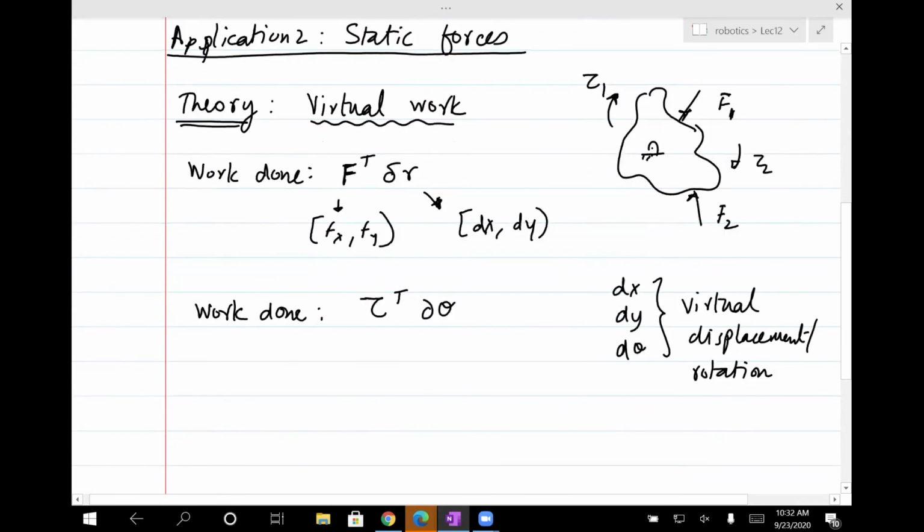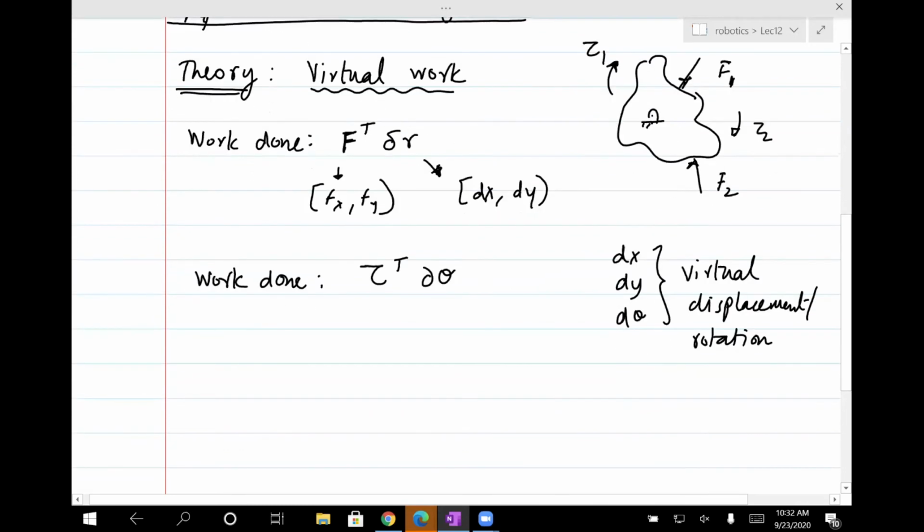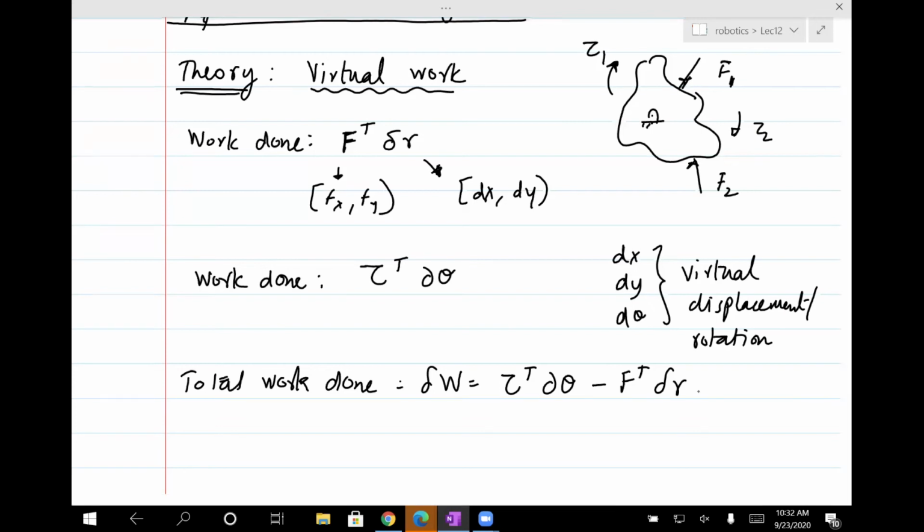So that thing here is just again the dot product. So the total work done, delta W, is simply the work done by the torque minus the work done by the displacement. And the reason for the negative sign is because one of them has to oppose the other, because the net work done is actually zero, and it's zero because again this is not real work, it's virtual work due to virtual displacement. So actually there's no real work done.